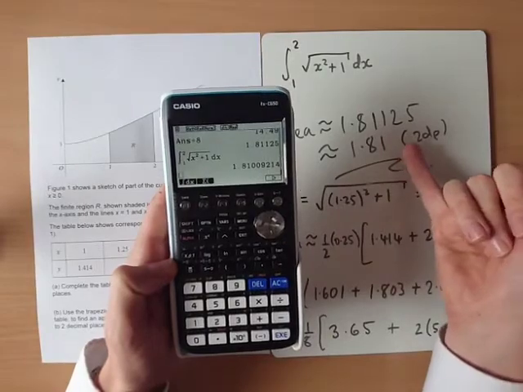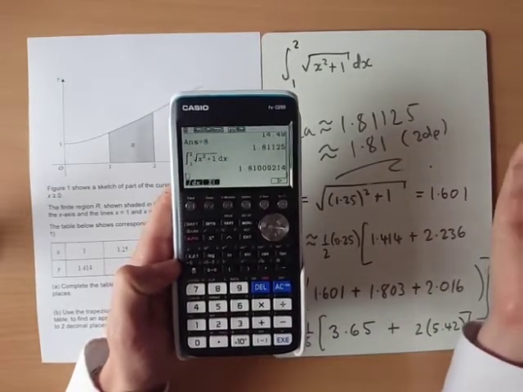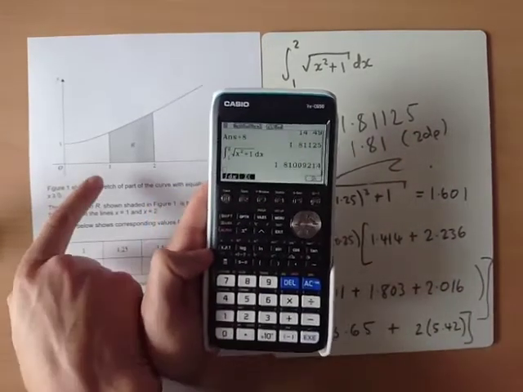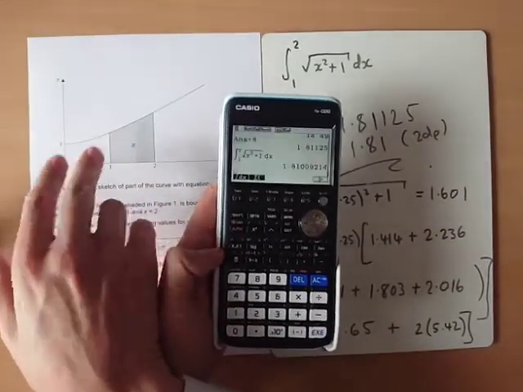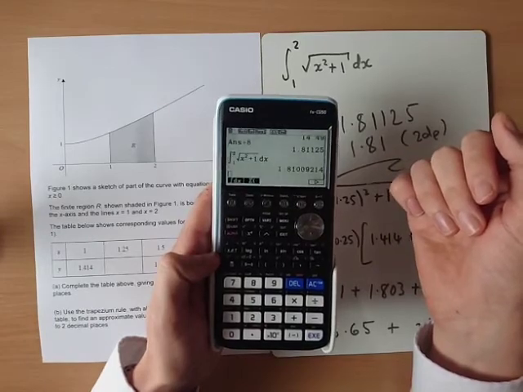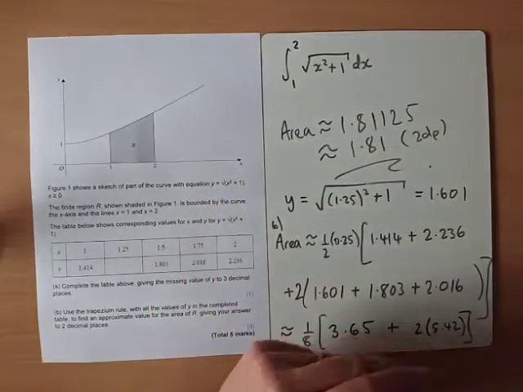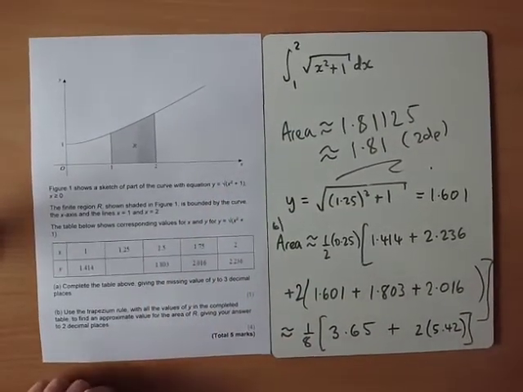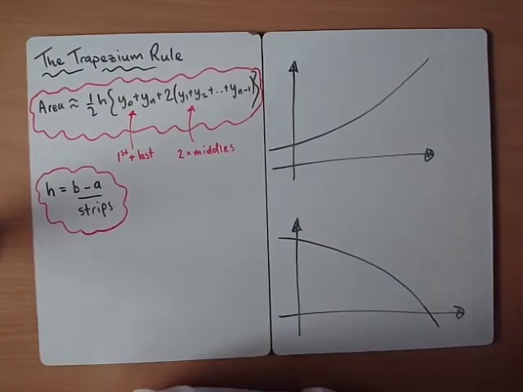So my approximation, 1.81, we're really close, aren't we? That's what's so good about this Trapezium rule. We only split it up into a couple of strips, and it gives us a really accurate approximation of that area.